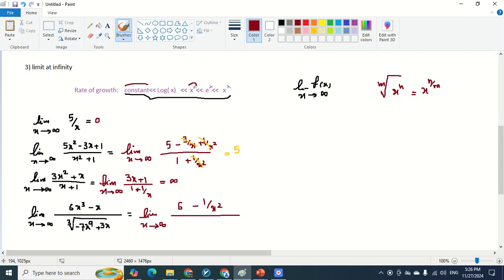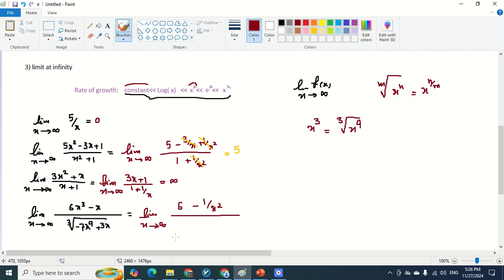And dividing the terms under the roots by x cubed means that under the roots I should divide by x to the power of 9, because x cubed can be written as the cube root of x to the power of 9, so 9 over 3 is equal to 3.